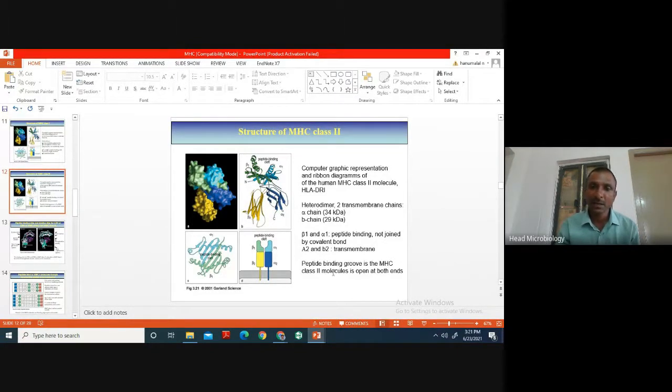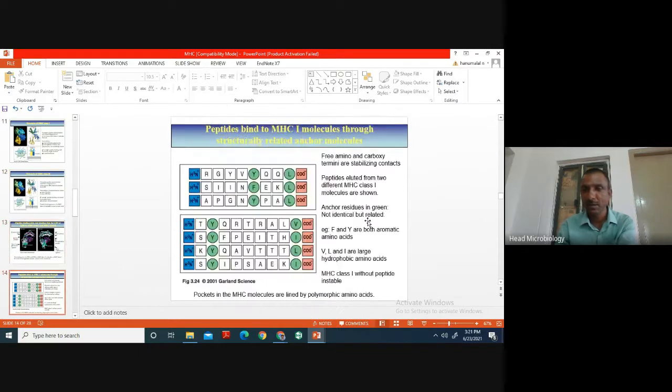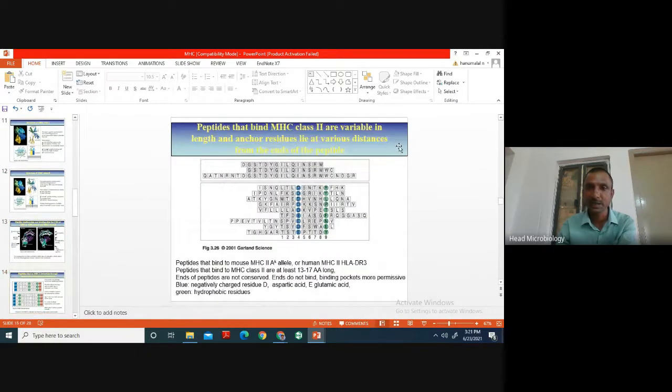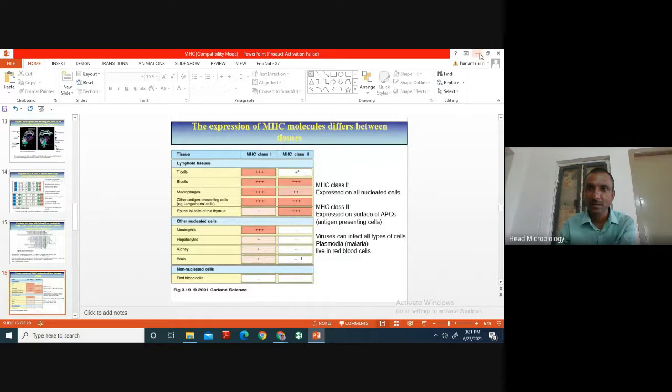In complex 2, MHC class 2, there are two chains, one alpha and one beta chain. The alpha chain molecular weight is 34 kilodaltons and the beta chain molecular weight is 29 kilodaltons. Okay, this is the answer to the question I was asking.